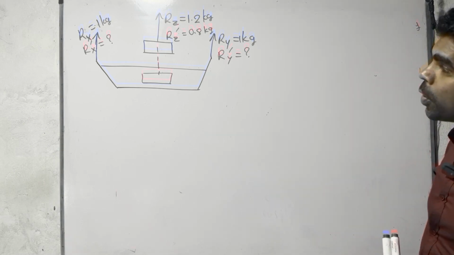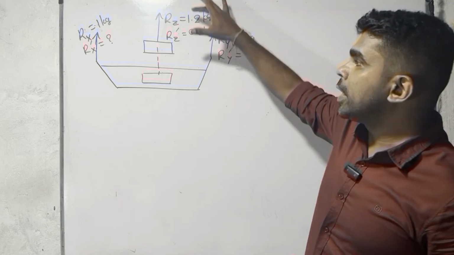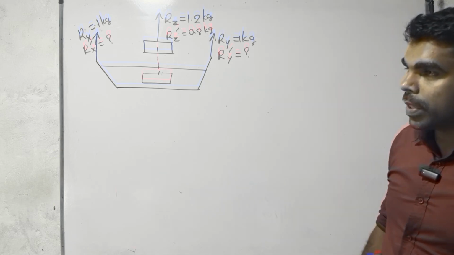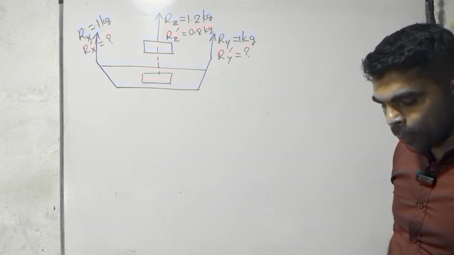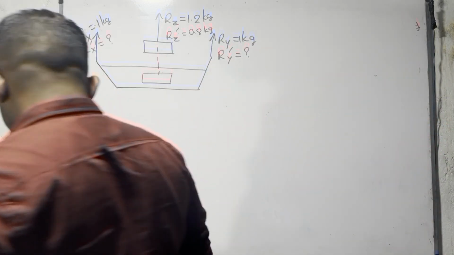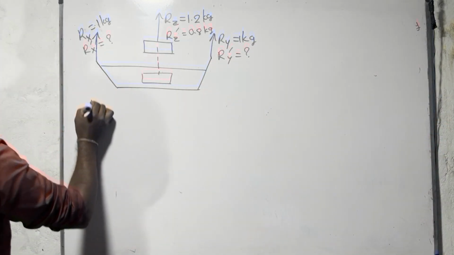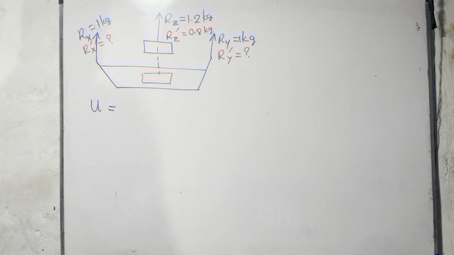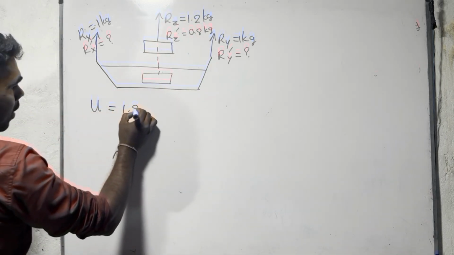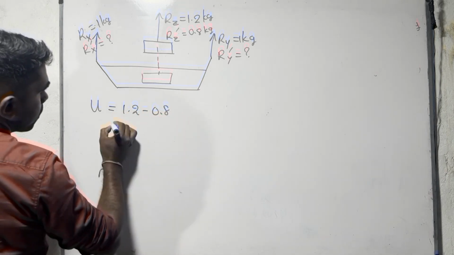Now we know that this reading difference is due to the upthrust on this one. Therefore, we can get upthrust on this object is equal to the difference of reading. I will consider kilogram value without changing.